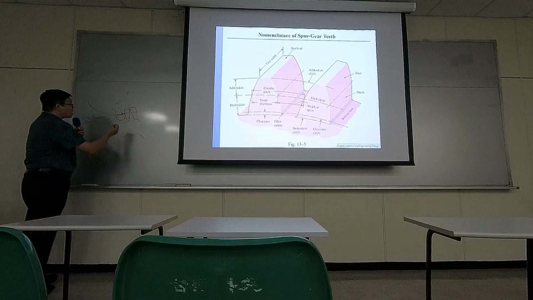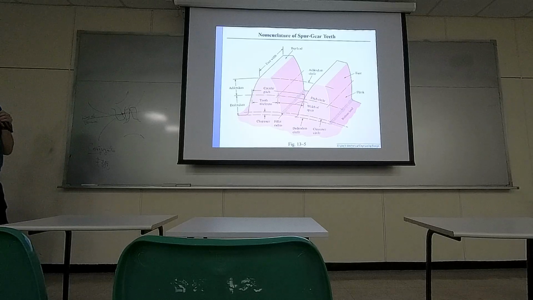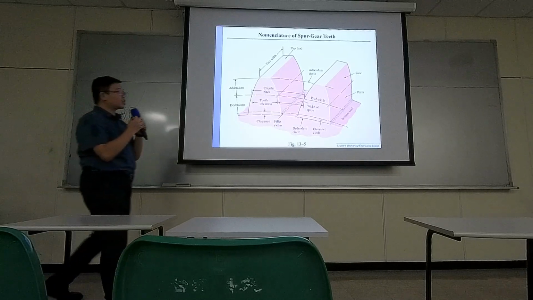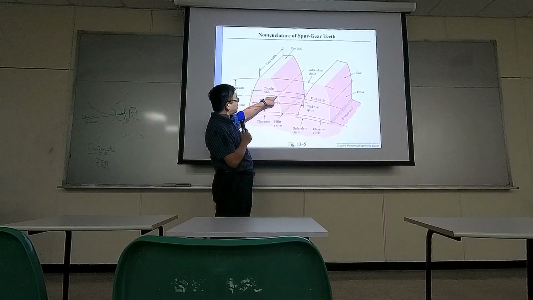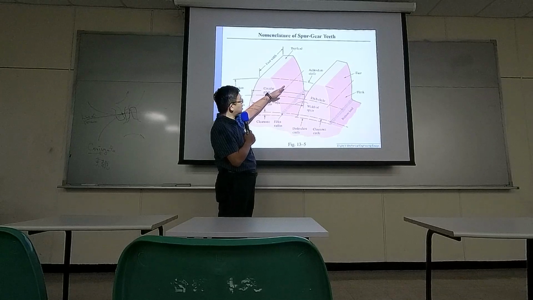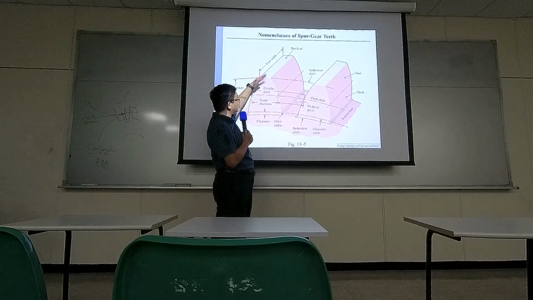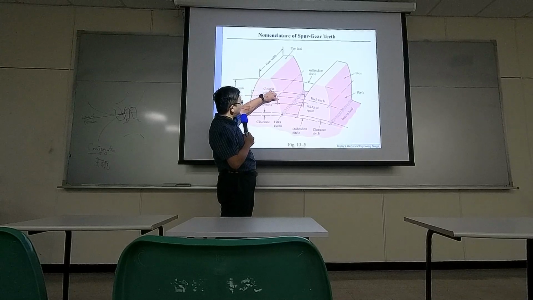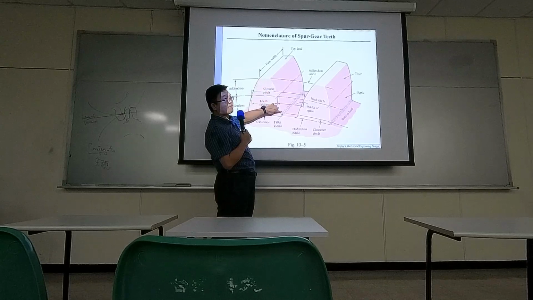Okay? And they are keeping this contacting point, but somewhere else. So the contacting point doesn't stay on the pitch circle all the time. The contacting point between this gear and the other half will be sliding along the edge of the teeth.